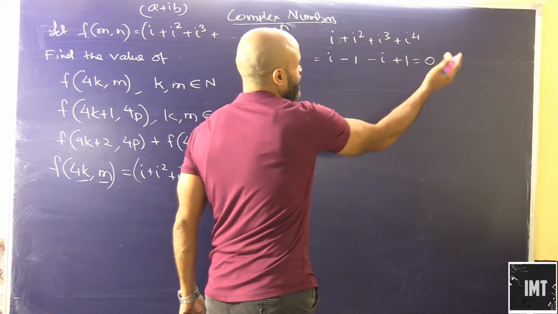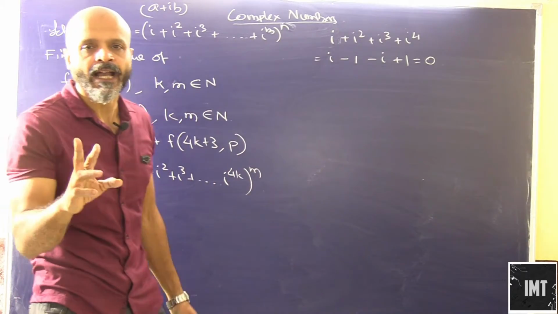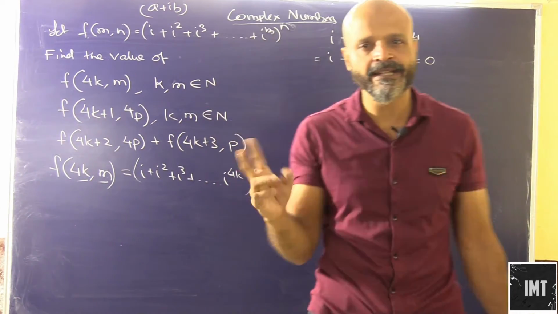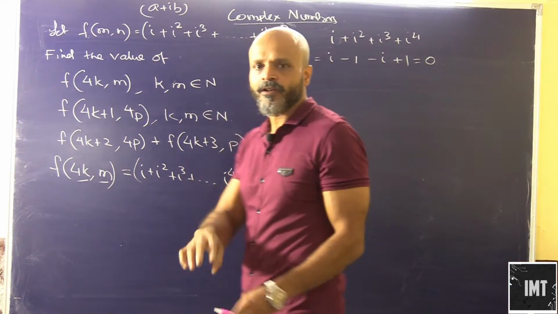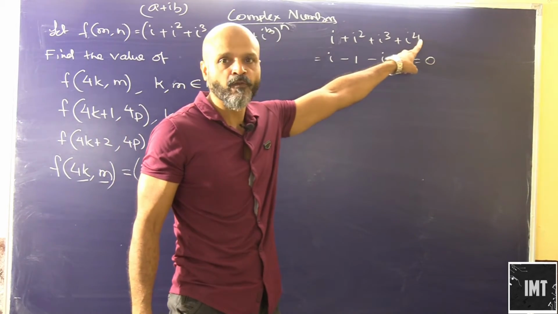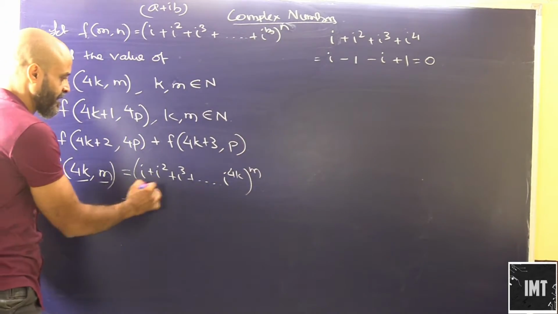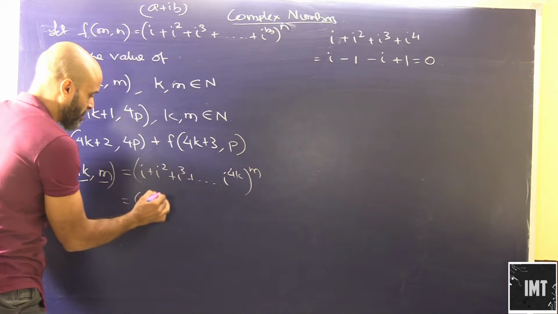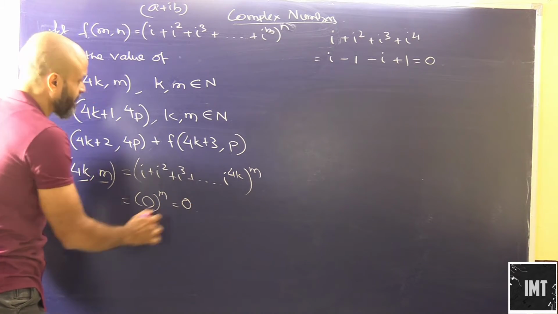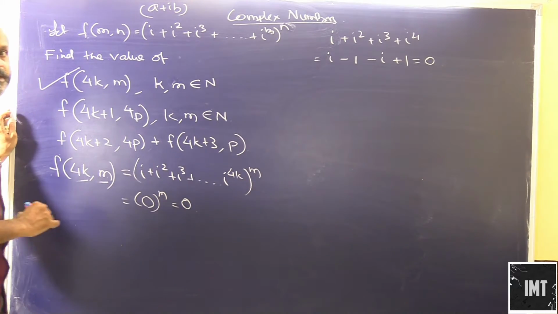So what answer do I get? 0. So if I add i in a series till the power of 4, I will always get 0. So in this case, I get 0 to the power of m, which gives me 0. So the first answer will be 0.